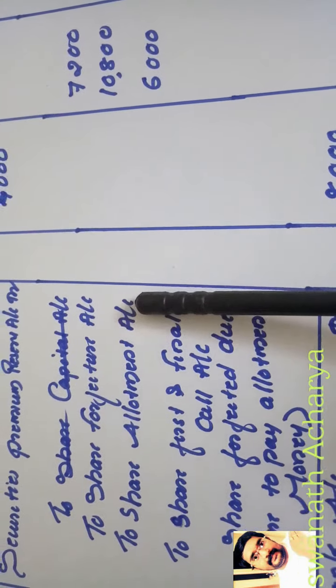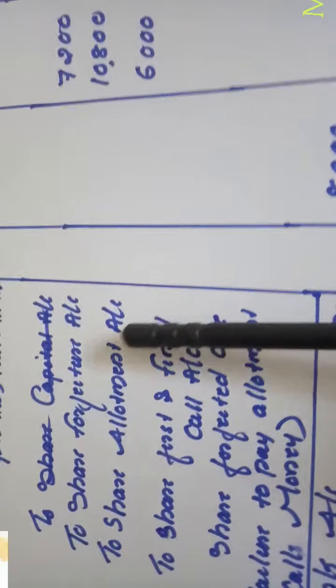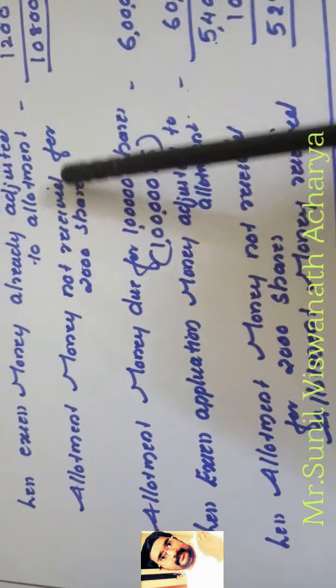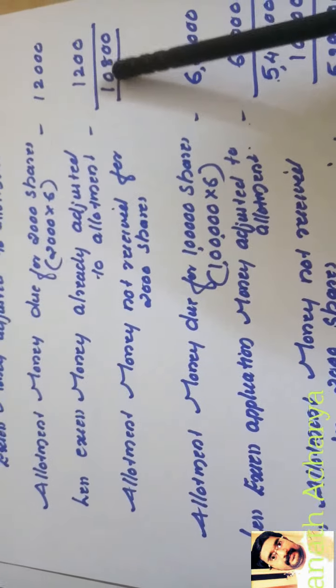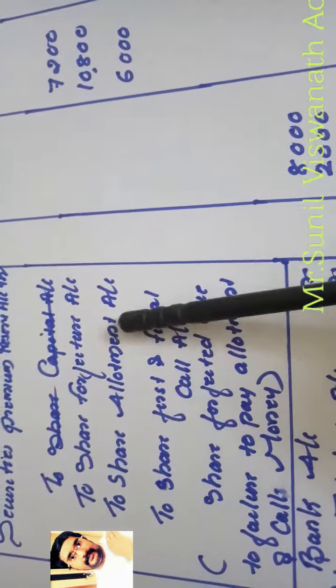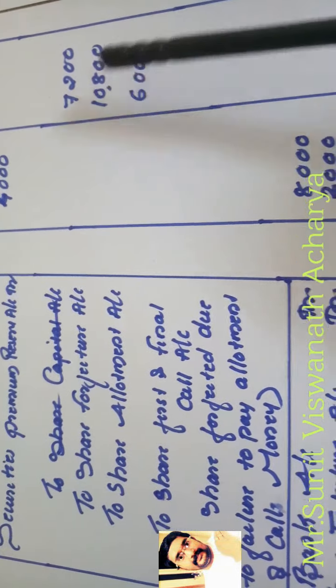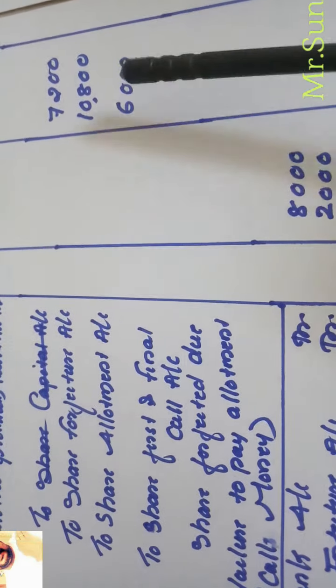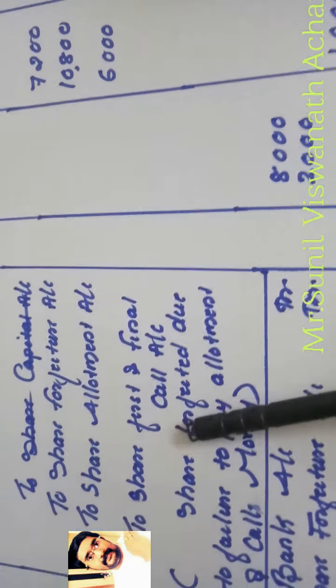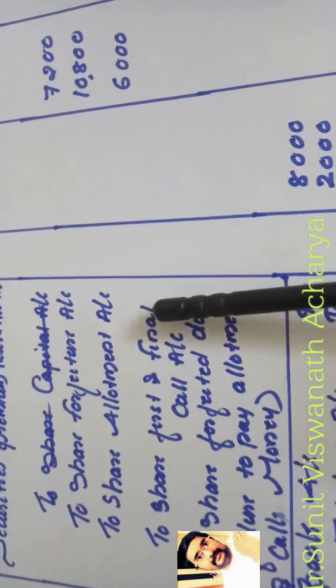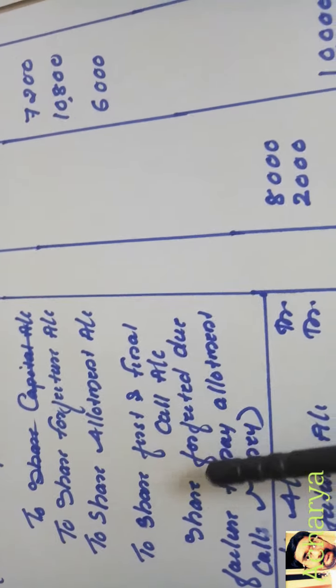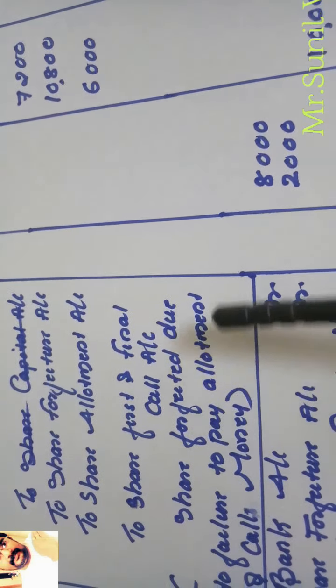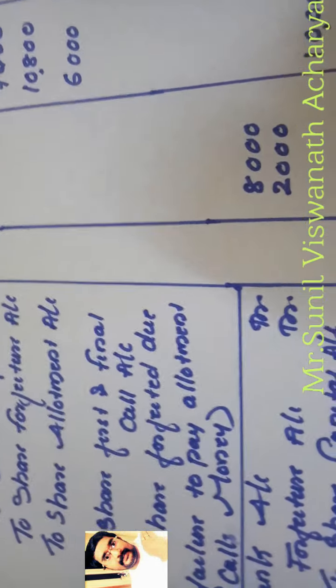Then share allotment account. How much allotment money we have not received? We already calculated: for 2000 shares allotment money not received is 10,800. And share first and final call money not received, 2000 shares at the rate of 3, that is 6000. Narration: here how many shares we forfeited? 2000 shares forfeited due to failure to pay allotment and call money.